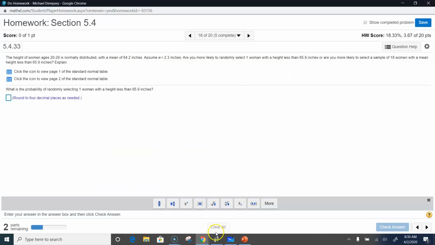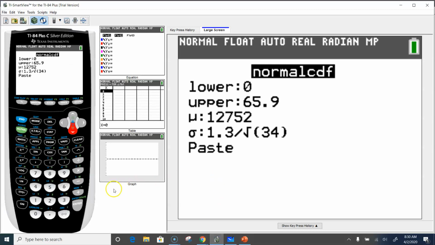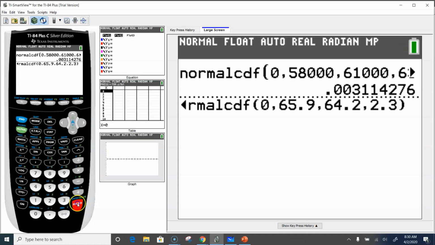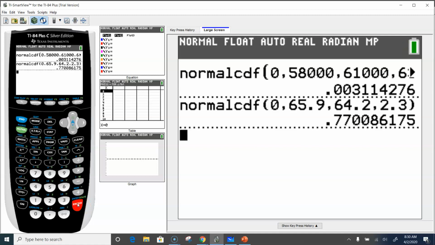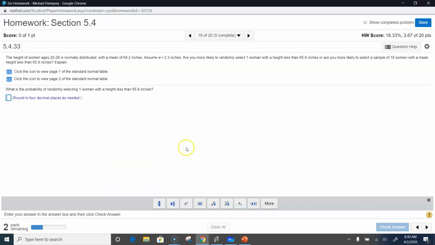The mean is 64.2, and standard deviation is 2.3. Okay, so I get 0.77. See how many decimal places they want. 4. All right, so lots of women are going to be less than 65.9.